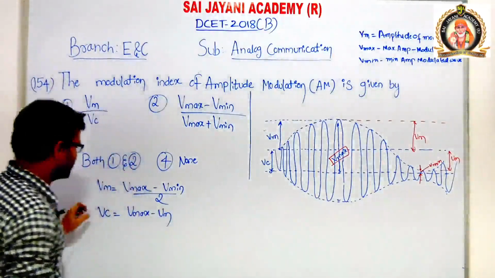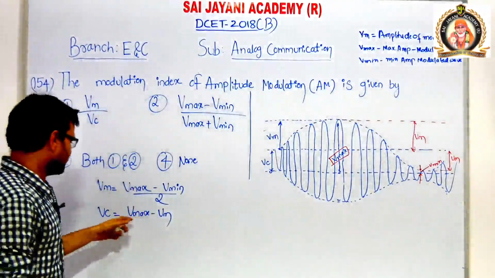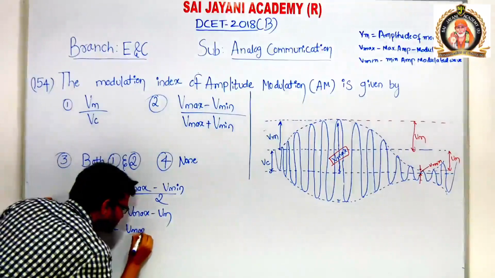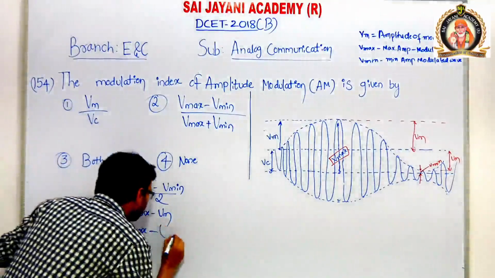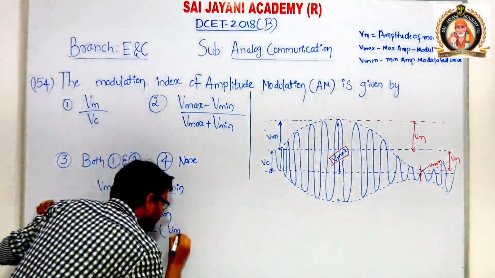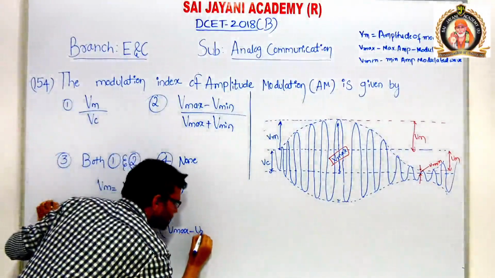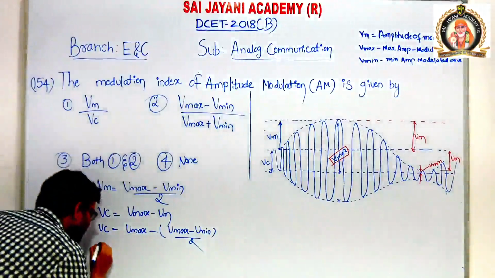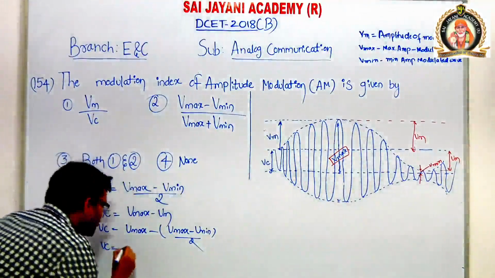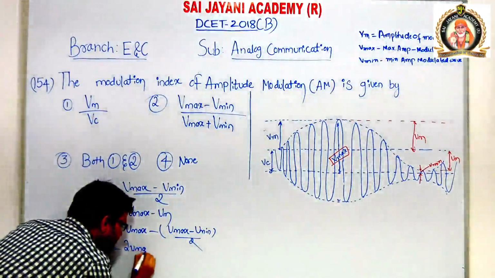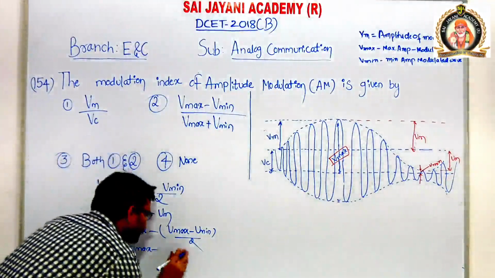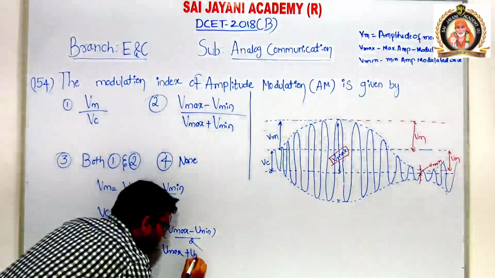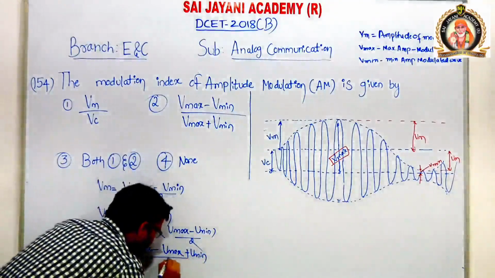If you substitute the equation of Vm in Vc, you get Vc is equal to Vmax minus Vm, which is Vmax minus (Vmax minus Vmin) divided by 2. That means Vc is equal to (2 Vmax minus Vmax plus Vmin) divided by 2.